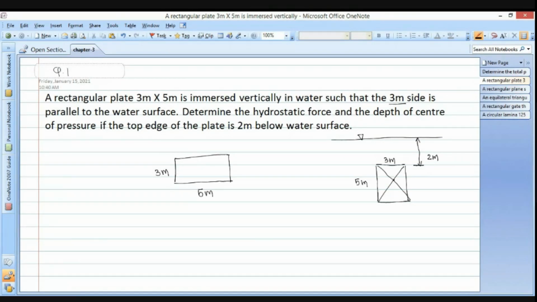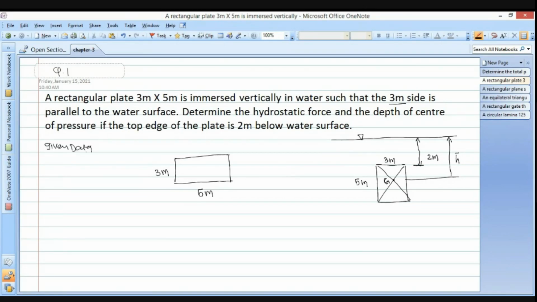This is the center of gravity, we call it G, and that is our h cut. So in this way, we have to find the hydrostatic force, as well as calculate the height of the center of pressure.